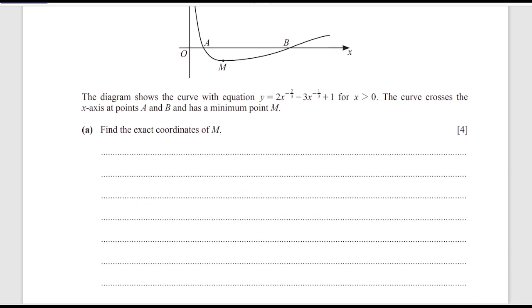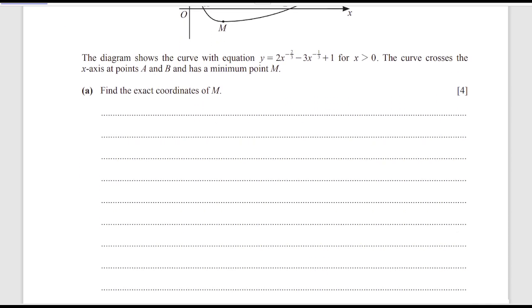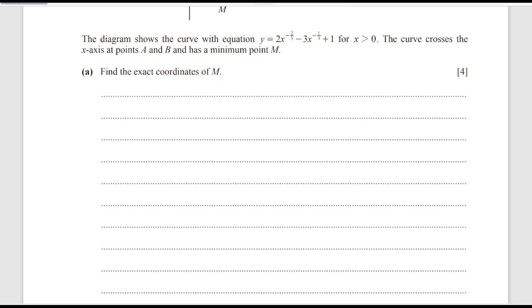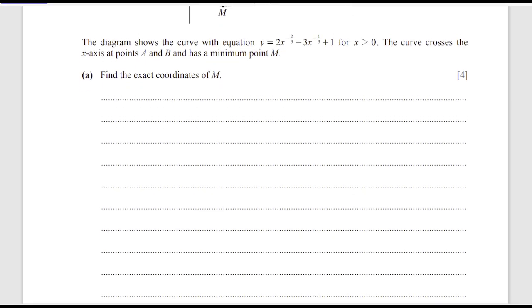For the minimum point, the concept is to find the derivative, equate it to 0 and find the x coordinate of the minimum point. So first, take the derivative of the given curve. dy over dx is equal to 2, a constant, multiplied by the power minus 2 over 3, and subtract 1 from the power, minus 2 over 3 minus 1.